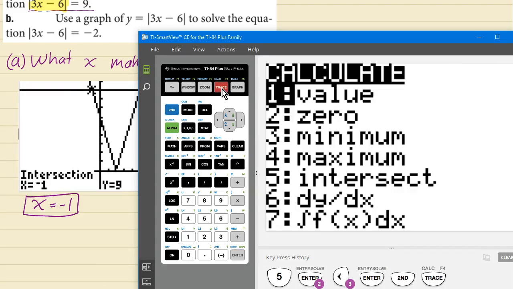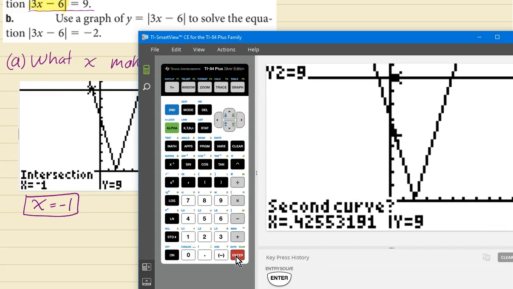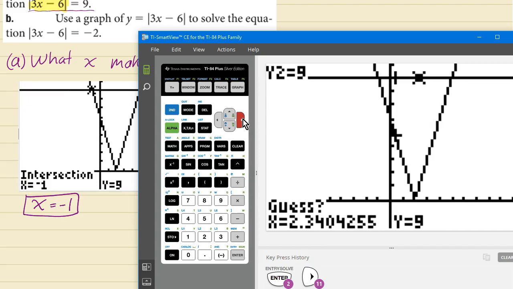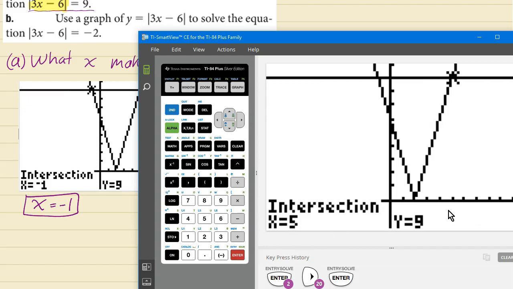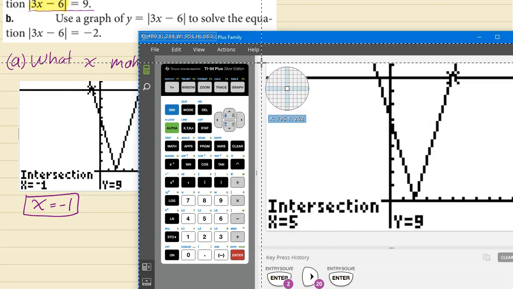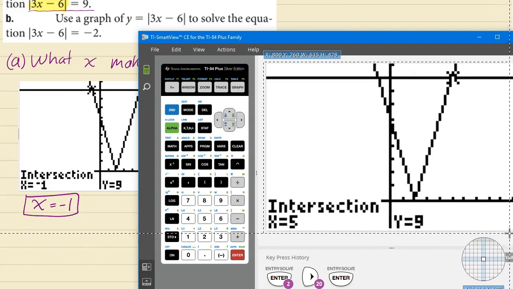So second calc, number 5 is intersect. It asks for a first curve and the second curve, just hit enter twice. Now scooch that cursor over until it's closer to this point, and then it should tell you the other intersection point, which is at x equals 5 and y equals 9.